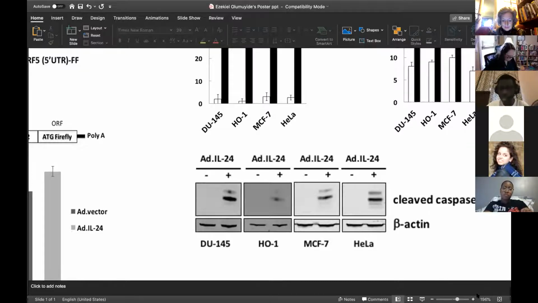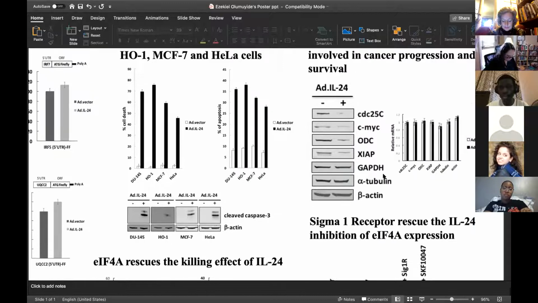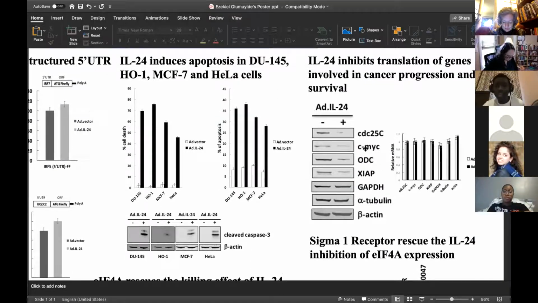Close this, yes. So now we decided to look at different oncoproteins: CDC25C, CMYC, ODC, and X-linked inhibitor of apoptotic protein. We decided to look at the protein level, and we saw that treating them with interleukin 24 downregulates all these proteins.